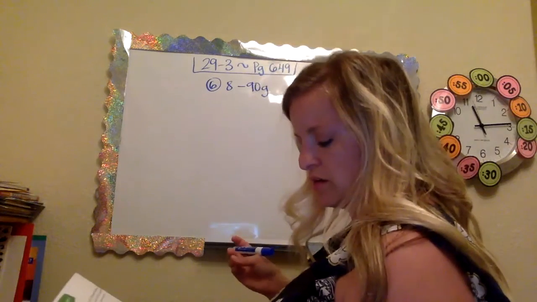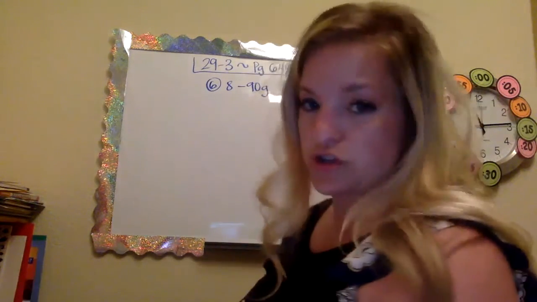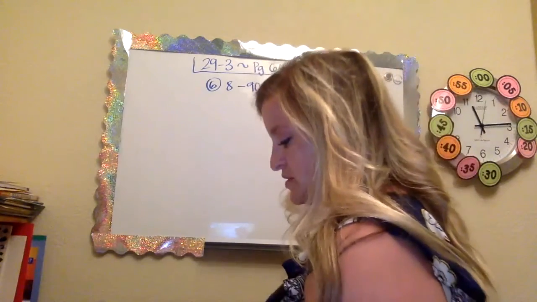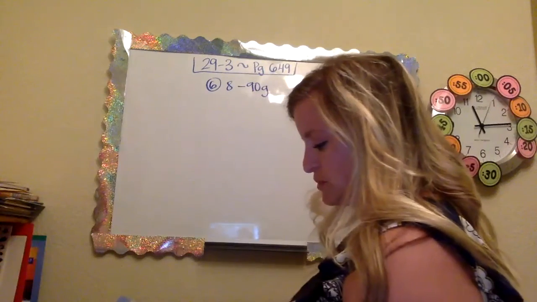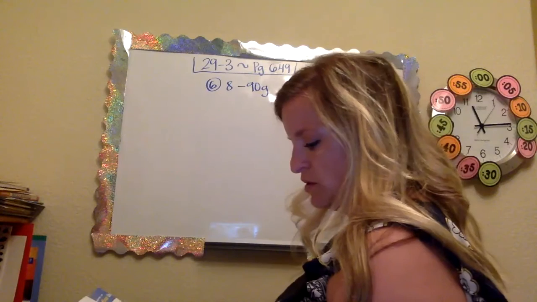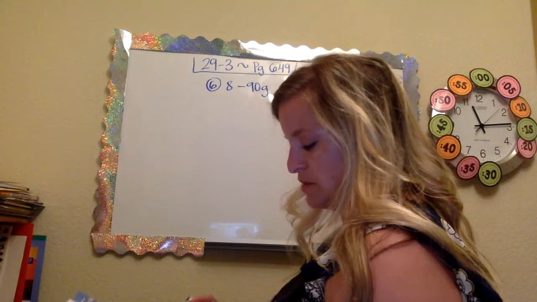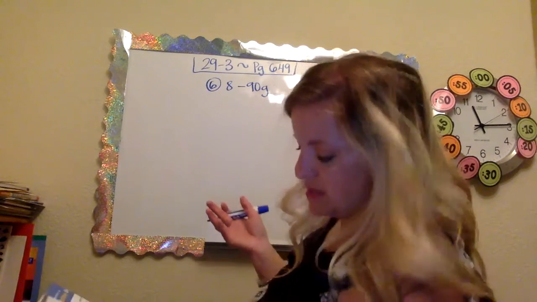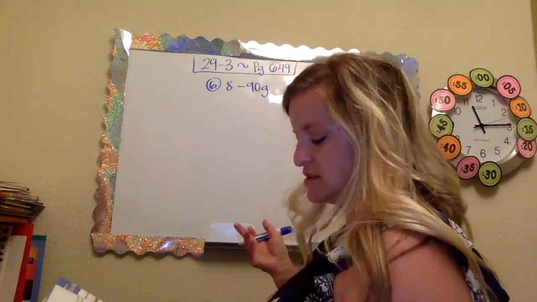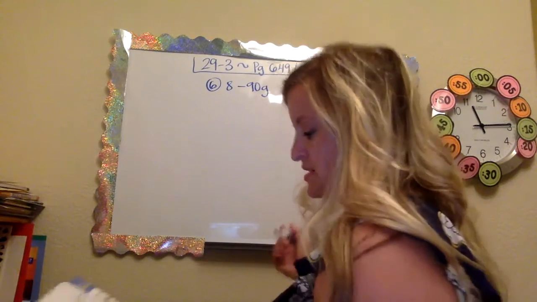Oh, okay. So here, they're just trying to confuse you. So there's 8 packs of pretzels in a paper bag. That kind of tells us each pack is 90 grams.